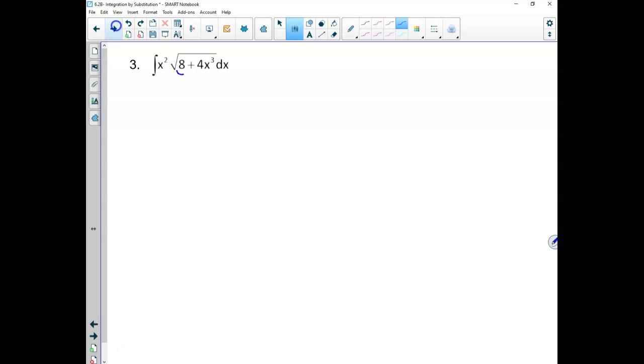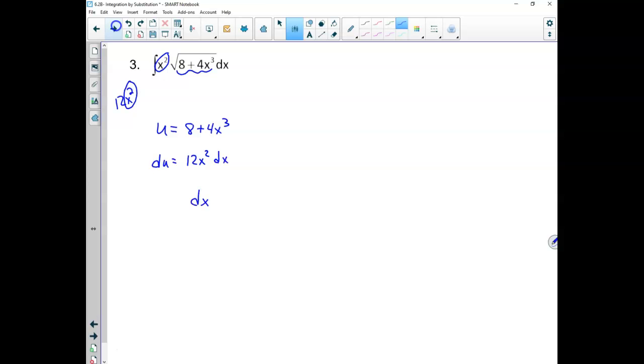Here's another one. Composition function. Inside function. You see how if you take 8 plus 4x cubed, you take the derivative of that, you're actually going to get 12x squared, but again, I'm focused on the variable on the outside. So I'm going to let u equal 8 plus 4x cubed. I am hence going to take the derivative of this, and du is going to equal 12x squared dx.